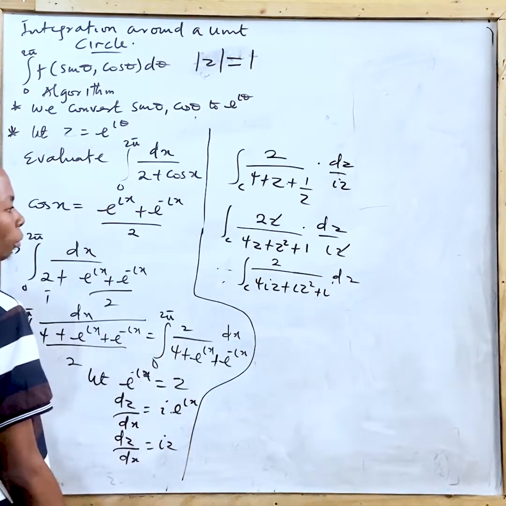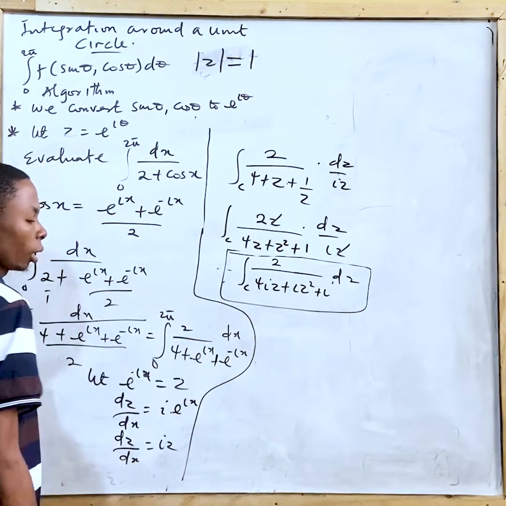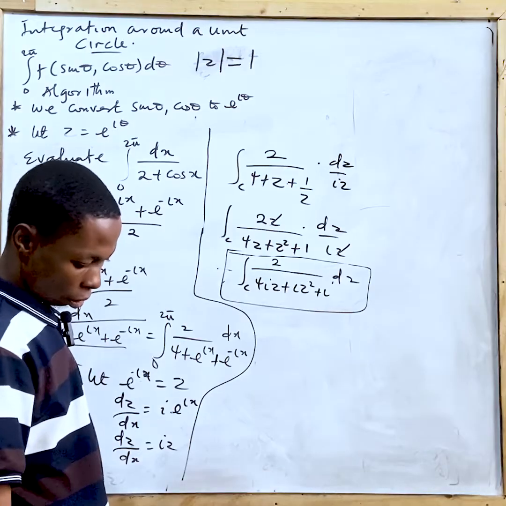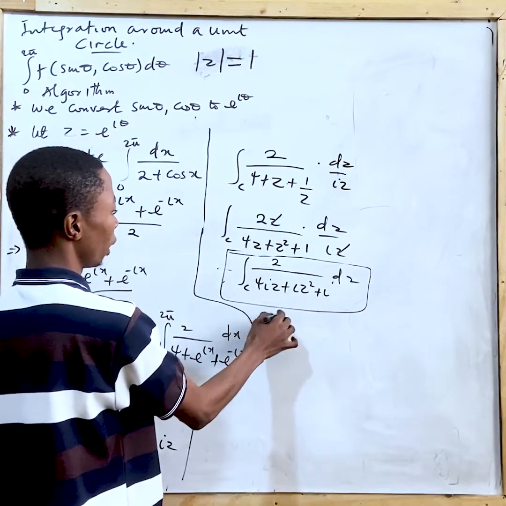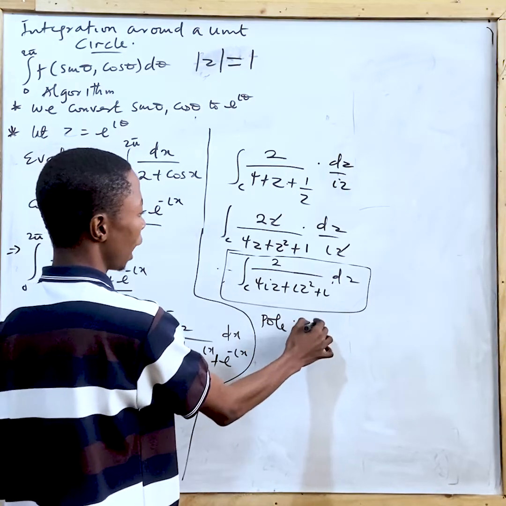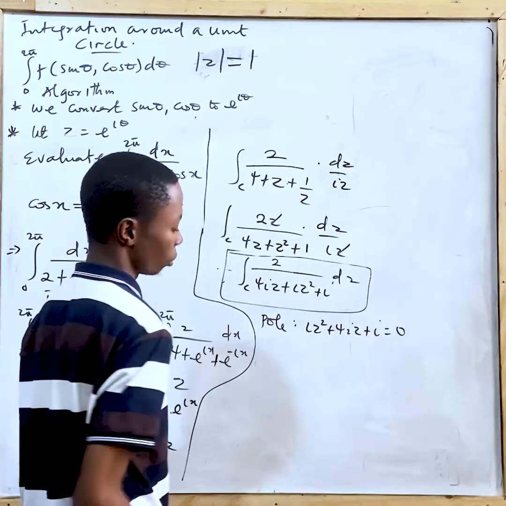So from here, we are now going to apply our residue theorem. We solve this to find the pole. The pole will be at iz squared plus 4iz plus i equals 0.